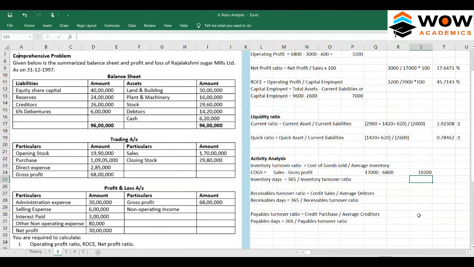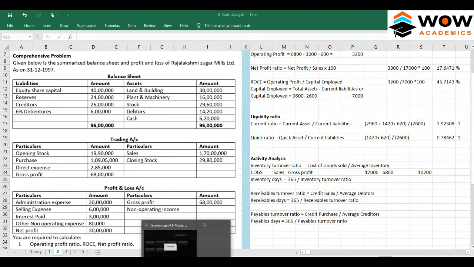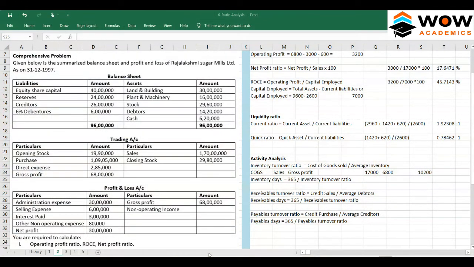So this is our COGS. Thereafter we have found out COGS.